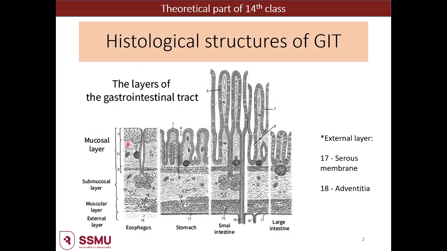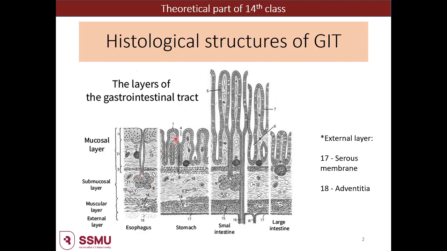A few words about the mucosal layer. In the esophagus, we may see squamous cell non-keratinous epithelium in normal conditions. The most important glands are localized in the submucosal layer.